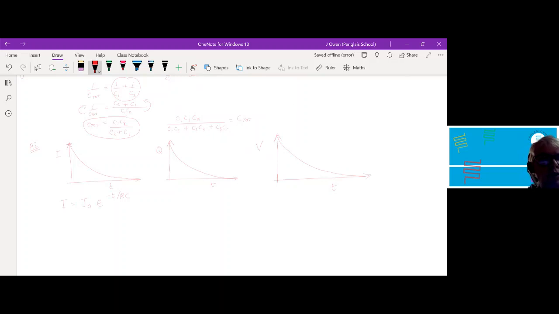So I naught is given by the original current flowing. If you imagine that you've got a capacitor which has been charged up so that it's fully charged, and then you switch that capacitor into a discharging circuit with, say, a resistor R in the circuit for the capacitor plate to discharge through, that's the circuit that we have got.